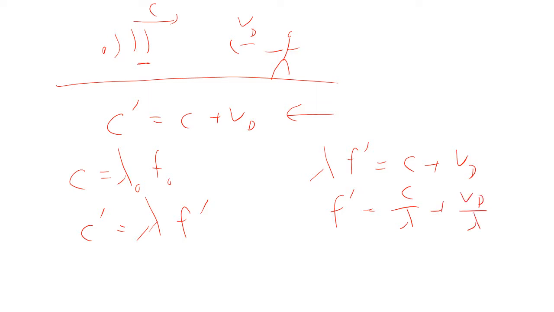Okay, if I multiply top and bottom over here by c, then c over λ is f naught, plus v_d over c times f naught. So what I have here, f' equals 1 plus v_d over c times f naught.